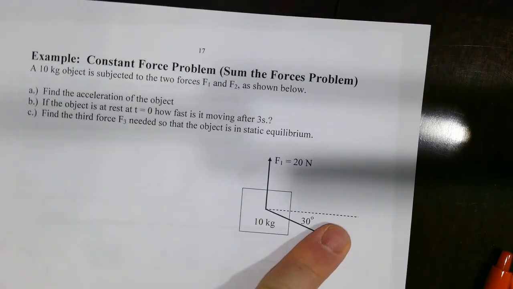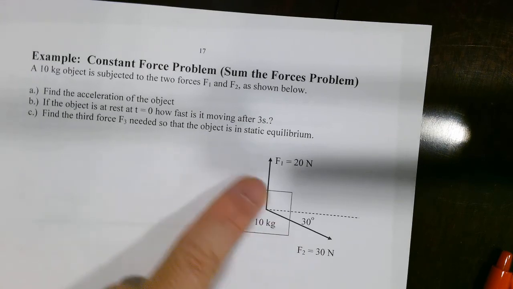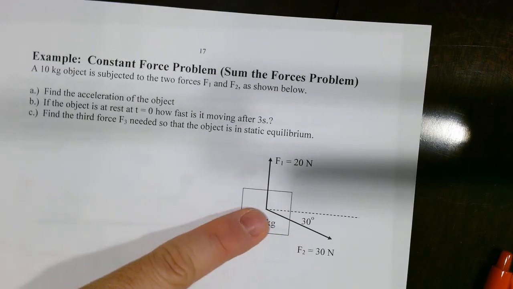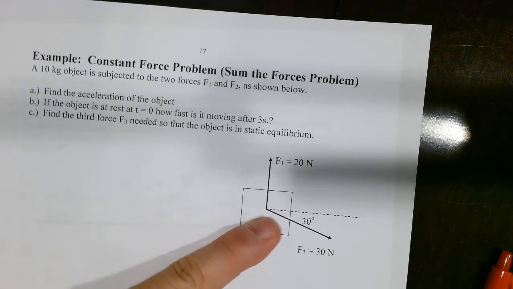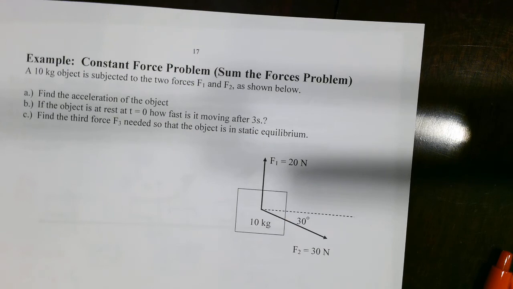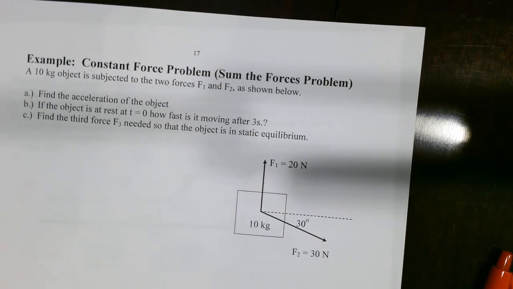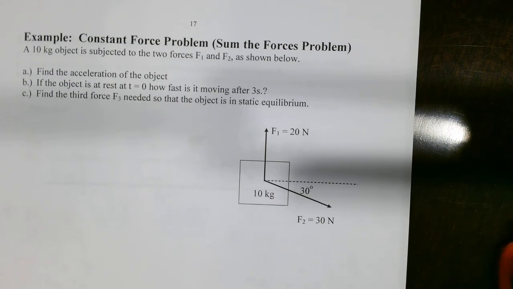So the net force is adding these two forces up to create that one single net force that acts as though only that one force is pulling on that object in that direction. All right? So the first step you should do is always try to calculate the net force.